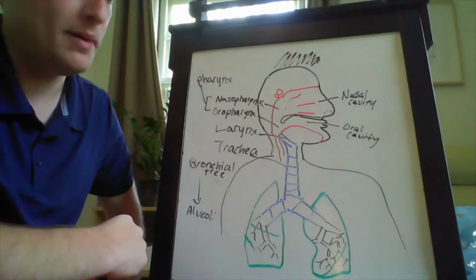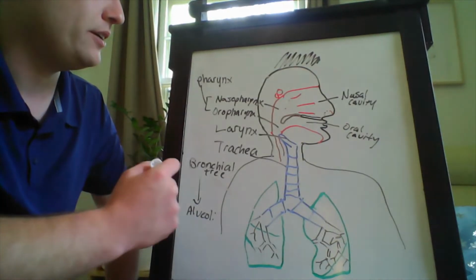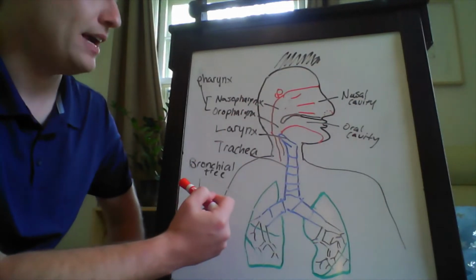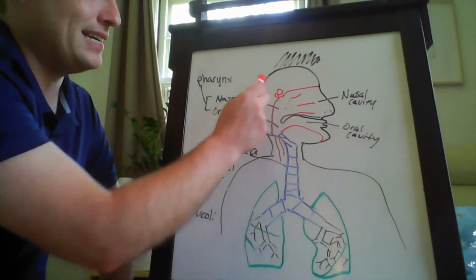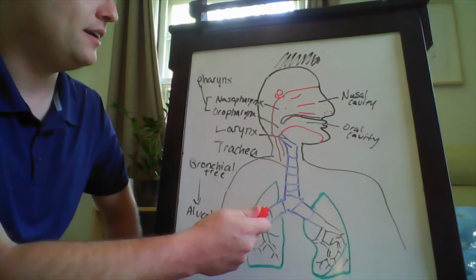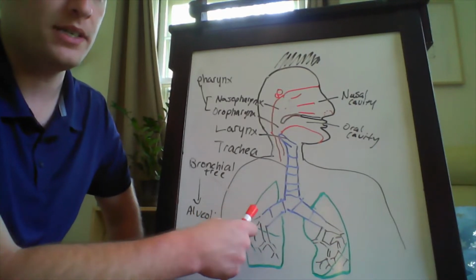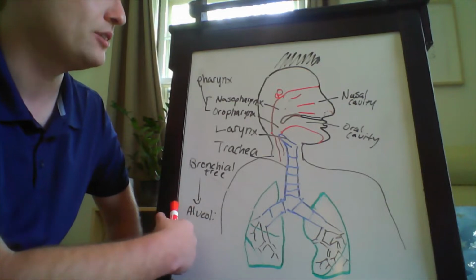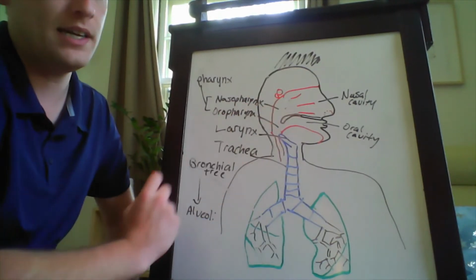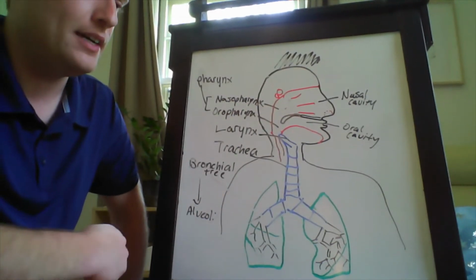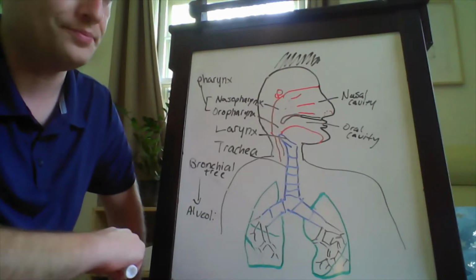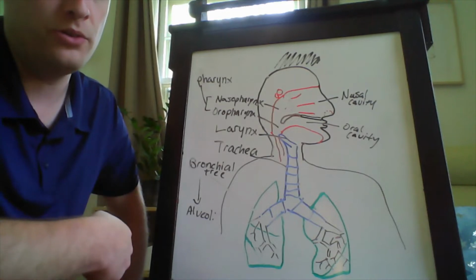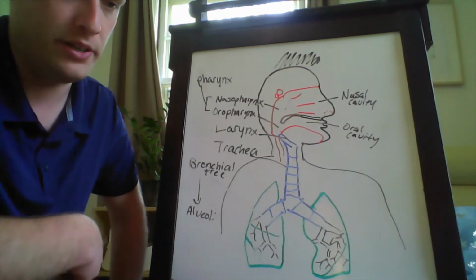Something to consider about the nasal cavity in particular is that there are ridges inside the nasal cavity as well as sinuses. And these serve different purposes. We're thinking about the structure and the function and how those relate to one another. These ridges inside the nasal cavity, called meatuses, are going to make airflow through the nasal cavity turbulent.